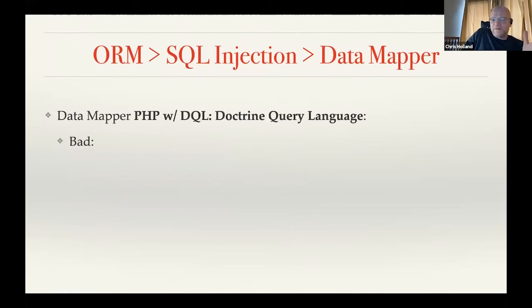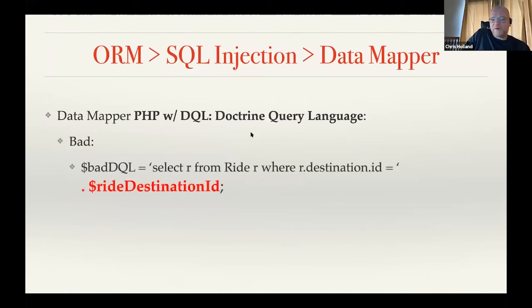One thing to keep in mind is if you're using a Data Mapper ORM, at some point you're going to make a query from an object: select from the Ride object where the destination property's ID equals a passed destination ID.